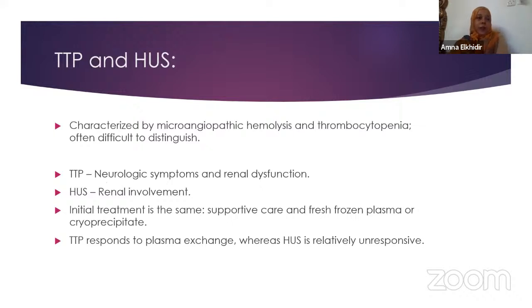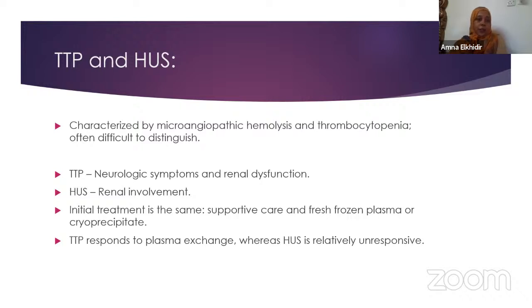Thrombotic thrombocytopenic purpura and hemolytic uremic syndrome. These two are very similar to each other. They are characterized by microangiopathic hemolysis and thrombocytopenia and are often difficult to distinguish. In thrombotic thrombocytopenic purpura, we have neurological symptoms and renal dysfunction, in addition to fever.